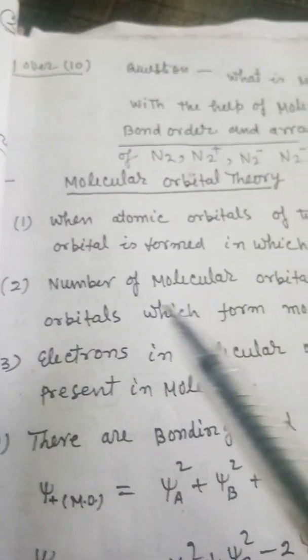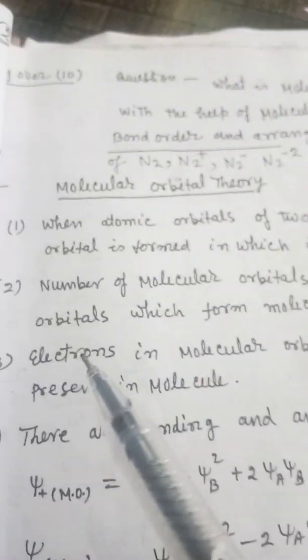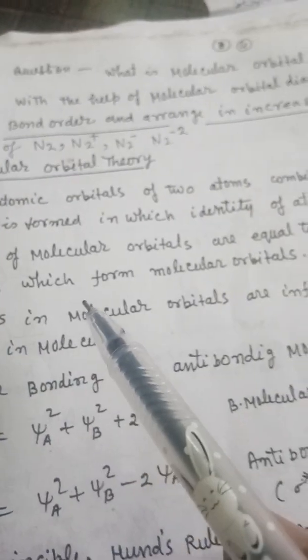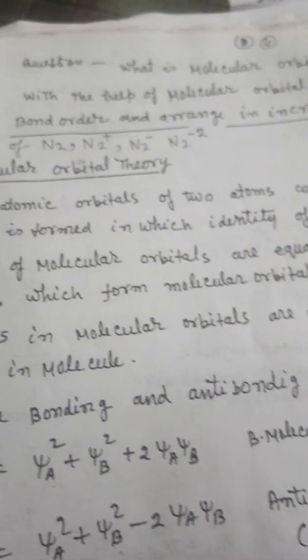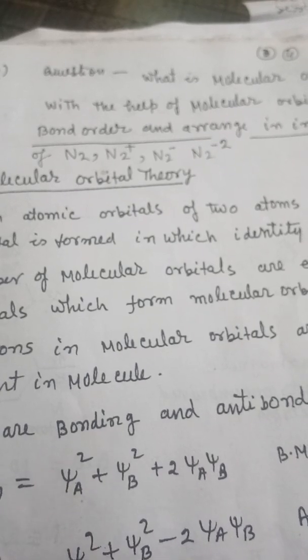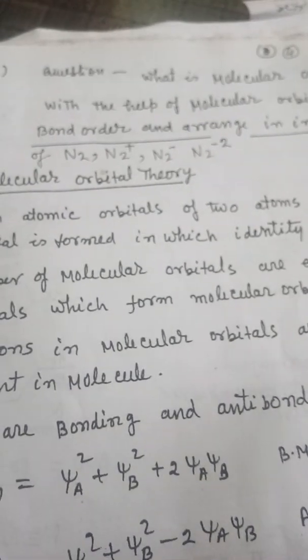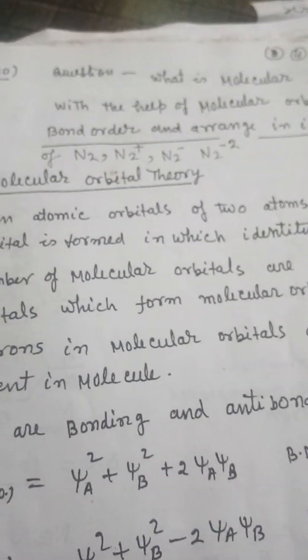Second, the number of molecular orbitals is equal to the number of atomic orbitals which form the molecular orbitals. We know that molecular orbitals are formed by the combination of atomic orbitals. So how many molecular orbitals will be formed?